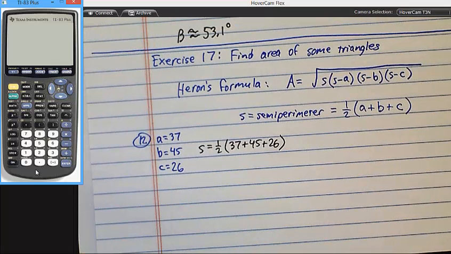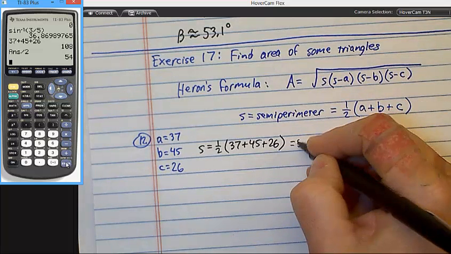I'm going to do 37 plus 45 plus 26. Oh, then I have to divide by 2. So 108 is the perimeter of the triangle. So half the perimeter is 54. Okay. So S is 54.